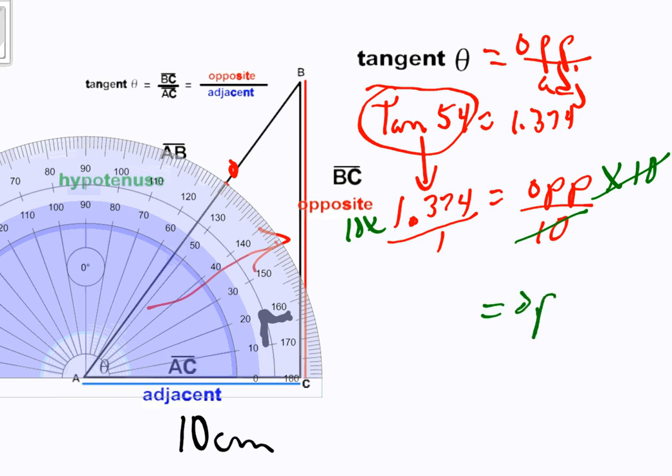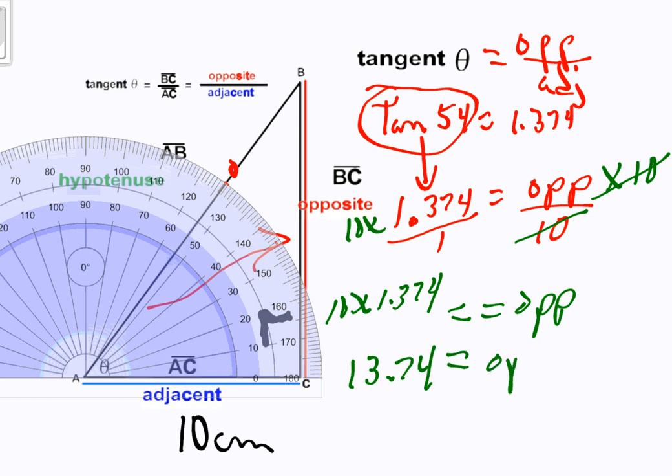So my opposite is equal to 10 times 1.374. We don't even need a calculator for that, because if we know it's 10 groups of that, we know that 13.74 is equal to the opposite.